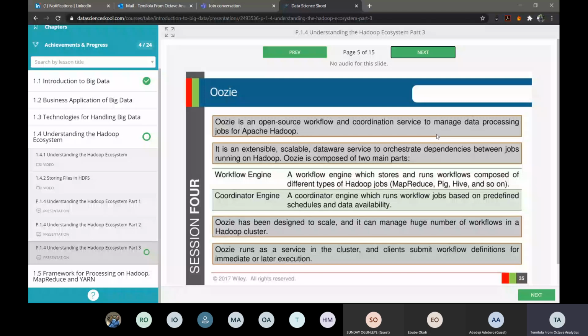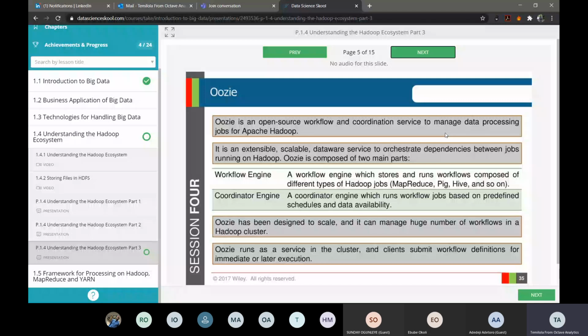So all these applications, basically, you just need them to do different things. This one is performing coordination of workflow. So the major thing is Oozie is a coordination engine. It runs all your workflow jobs, all your scheduled jobs based on predefined schedules and data availability.